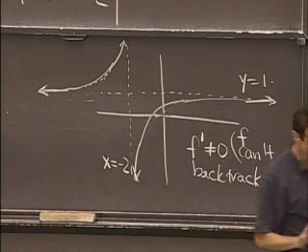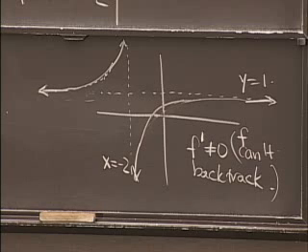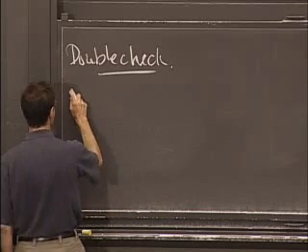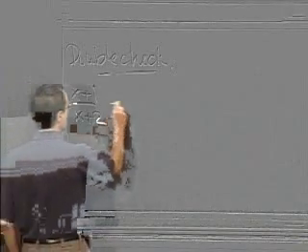Now, let's take a look in a little more detail by double checking. We're just going to double check what happens to the sign of the derivative. And in the meantime, I'm going to explain what the derivative is and also talk about the second derivative. So first of all, the trick for evaluating the derivative is an algebraic one.